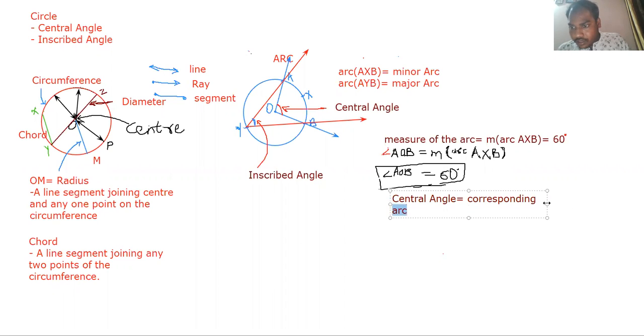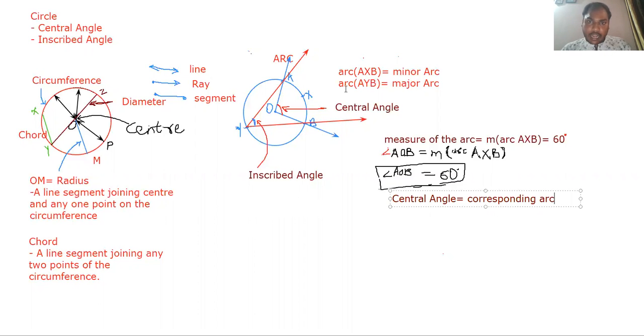Okay. So if we go further, we will now discuss the inscribed angle. We have seen that the central angle is equal to the corresponding arc.